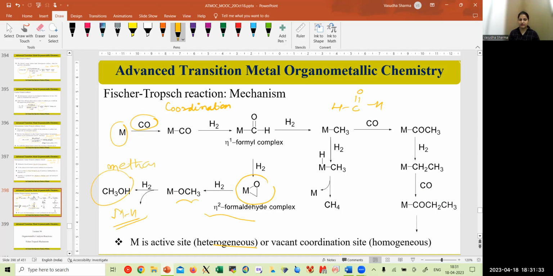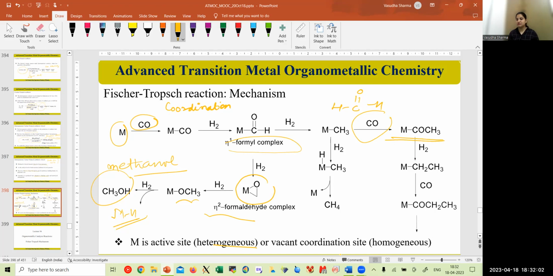So therefore we will be ending up having methanol over here. So that is how we can have the formaldehyde or methanol. And the other way, if we have a formyl complex and we treat it with H2, where it is only bound with the carbon, that means eta1. If both oxygen and carbon are involved, that is called eta2. So here, when it gets reduced, it already has one H with the loss of water. It will reduce to CH3, and on insertion of carbon monoxide into it, it will give you CH3CO.